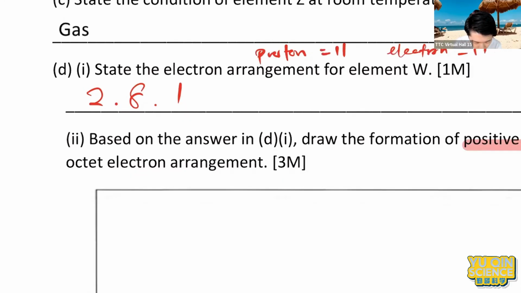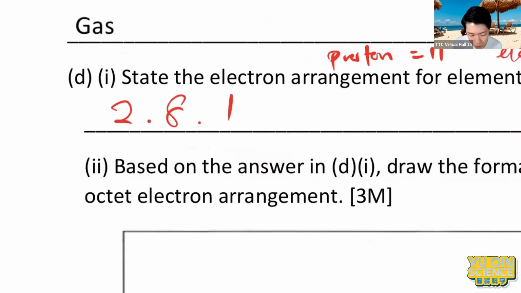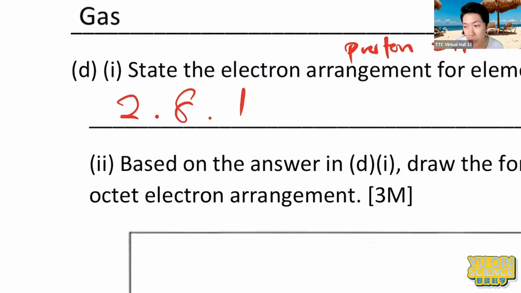Okay, cool. This is not stable, right? 2.8.1. Now remember the last one. Do you donate away or do you receive to become stable? Do you want to throw away one or do you want to take 7 in? Which one is easier?